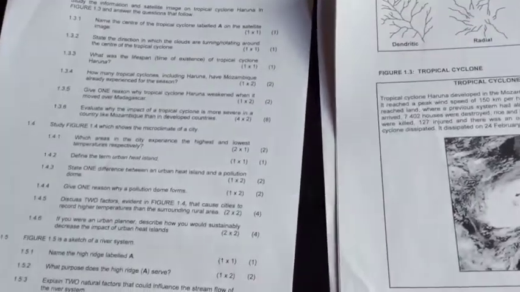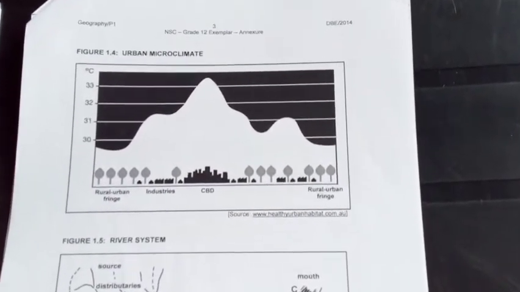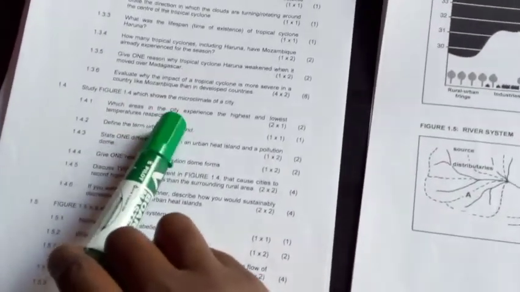Right, now question 1.4 looks at the microclimate of the city. So let's look at figure 1.4. This is the microclimate of a city, the urban microclimate. Now what does the question say? It says, which areas in the city experience the highest and lowest temperatures respectively?